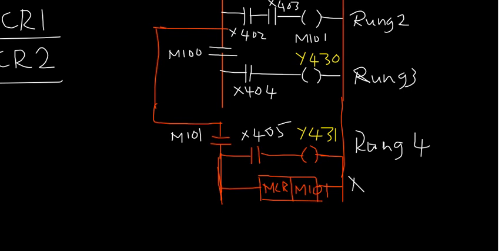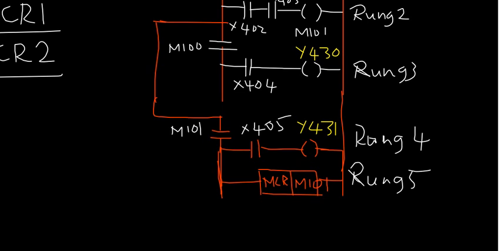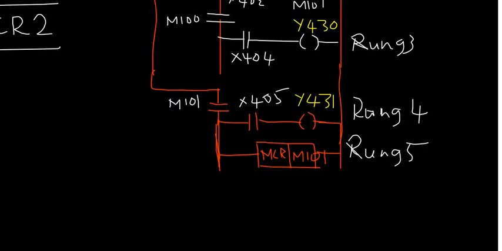So now you can see here, I will stop here, and here I can have the other things depending upon my requirement. So now M100, whatever I have taken here, you can see this M100.